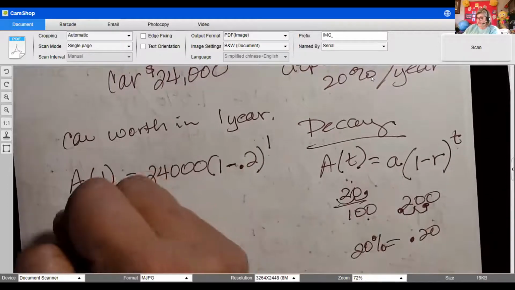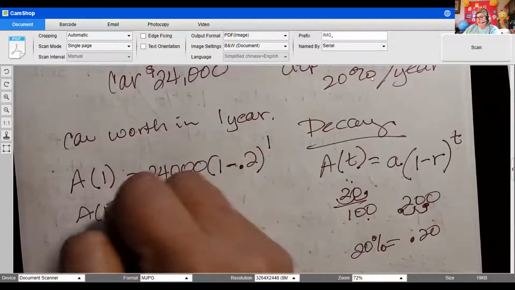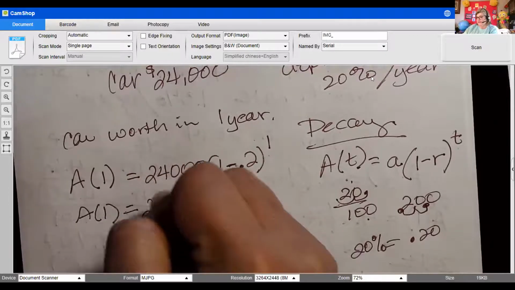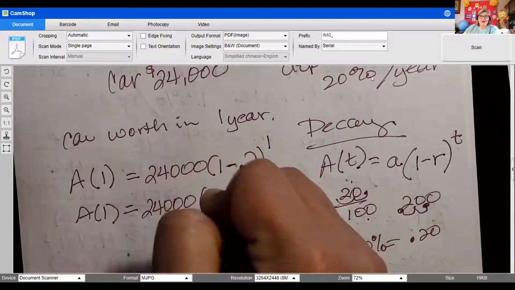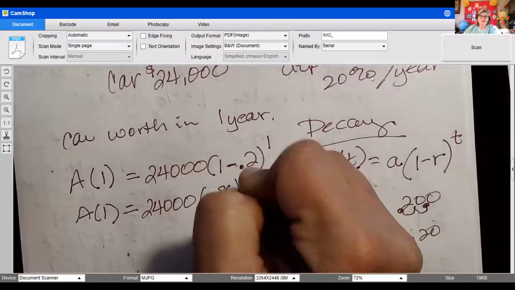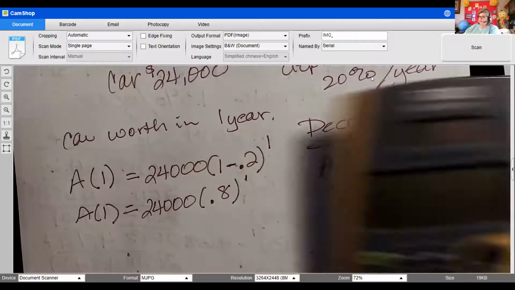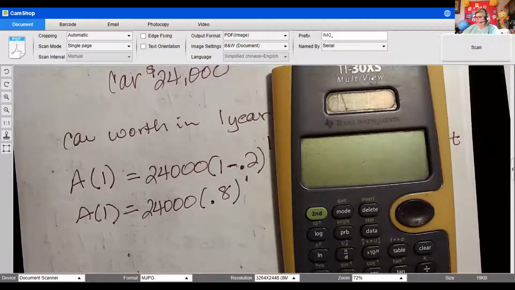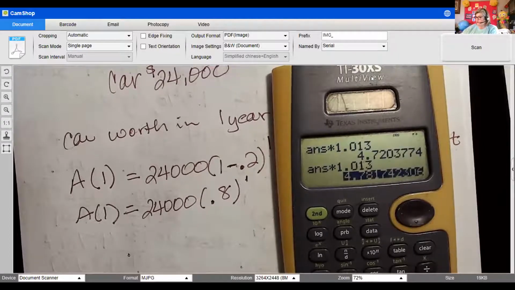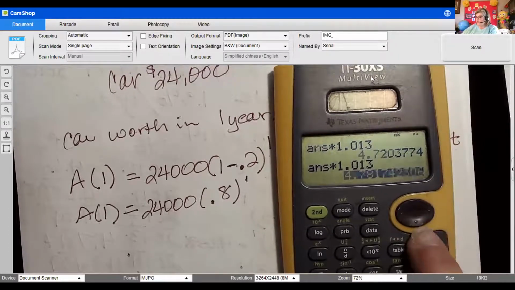So this is going to be A of 1, going 1 year in the future, 24,000 times 0.8 raised to the 1. Let's see, how much is our car worth 1 year into the future?